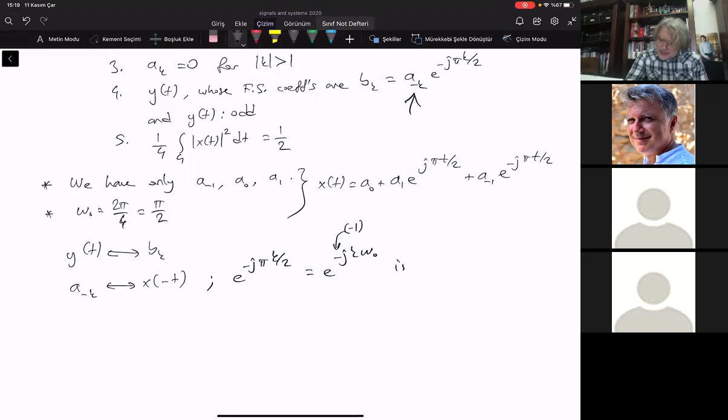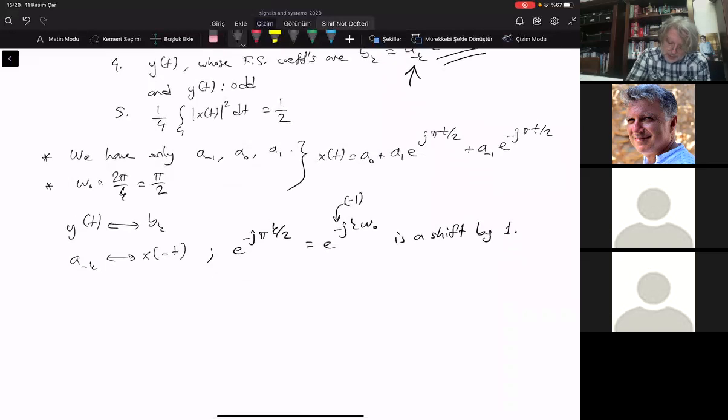This is a shift. It corresponds to a shift by 1, x of t minus 1, sort of thing. We'll make this a multiplication for y of t.